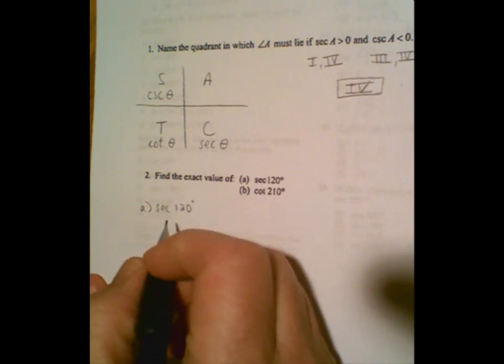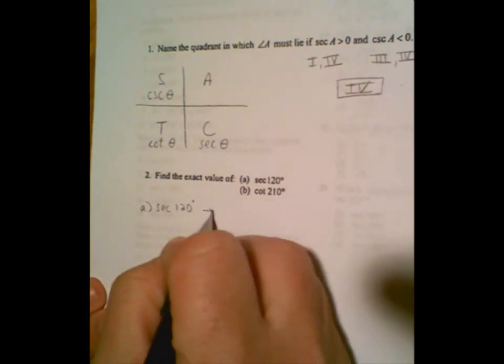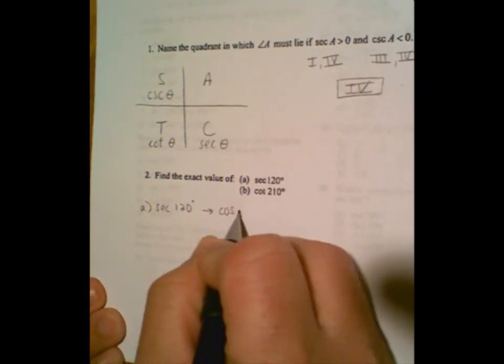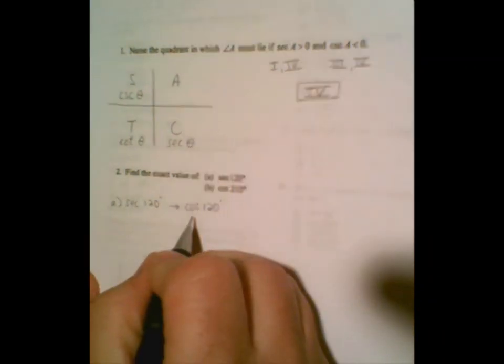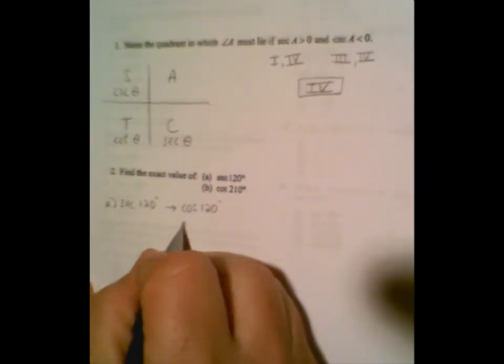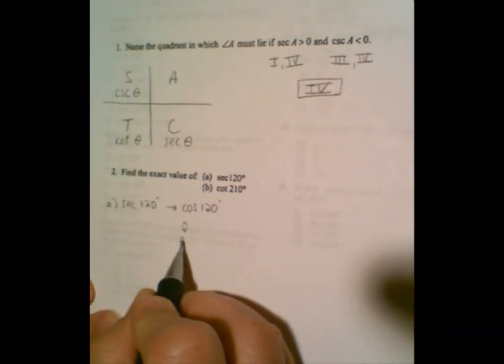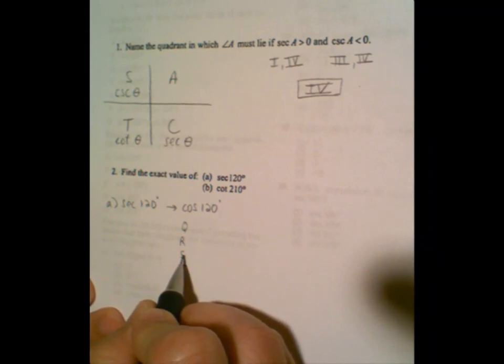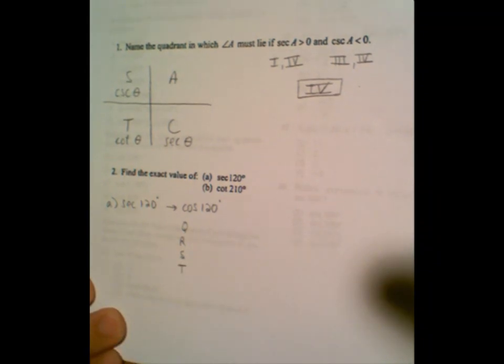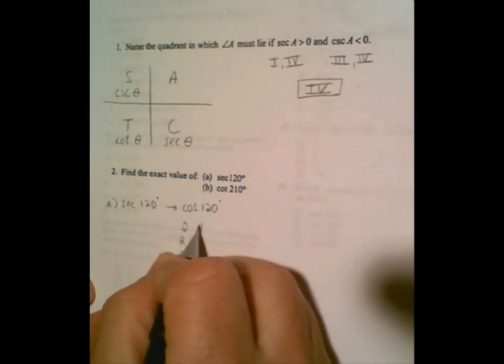So I'm going to do the cosine of 120 degrees, okay? For the cosine of 120, I'm going to do the QRST: quadrant, reference angle, sign meaning positive or negative, and table value.